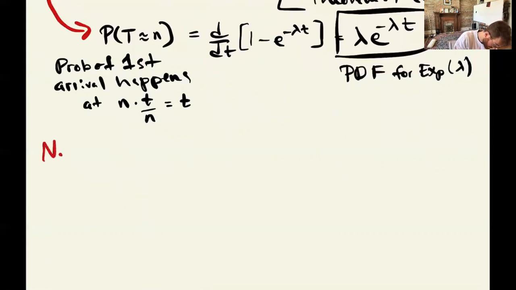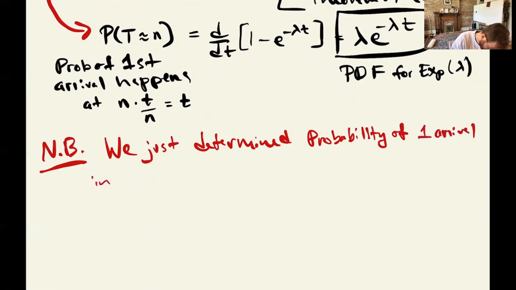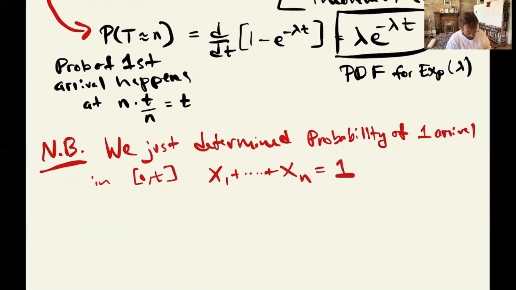What we determined was the probability of basically one arrival in 0 to t, which is the same thing as asking that this sum equal 1.